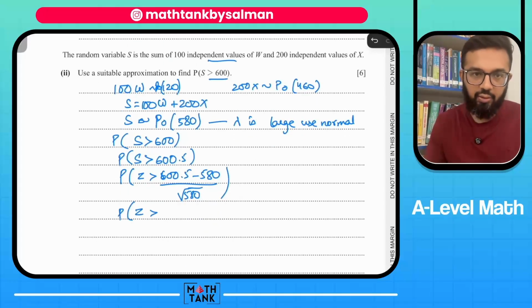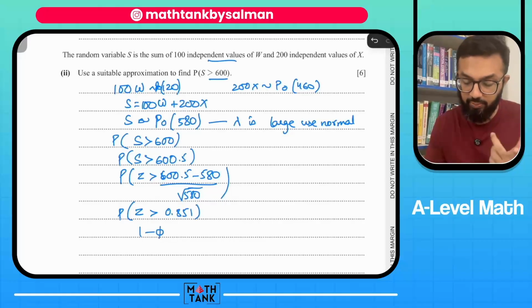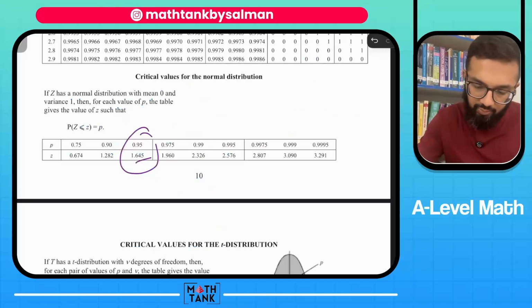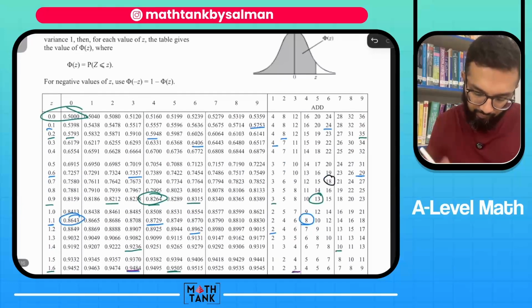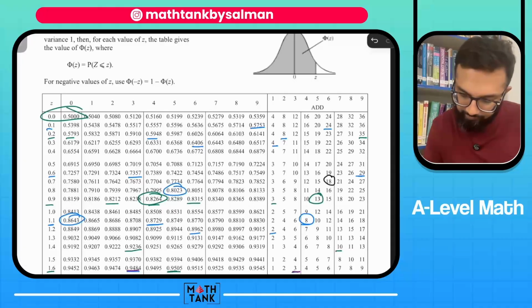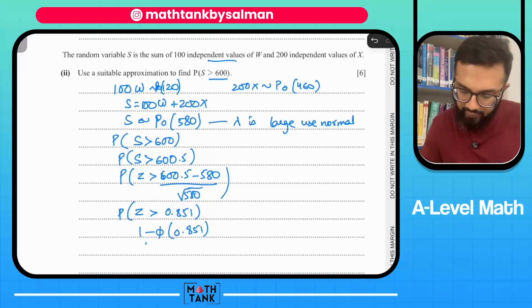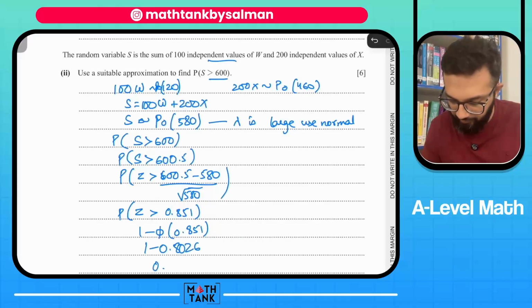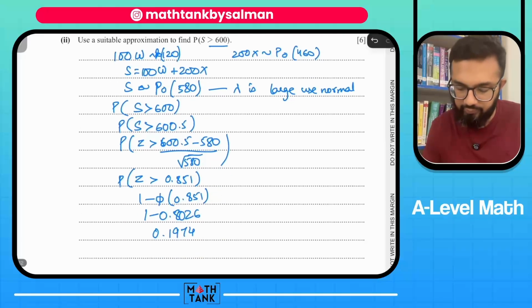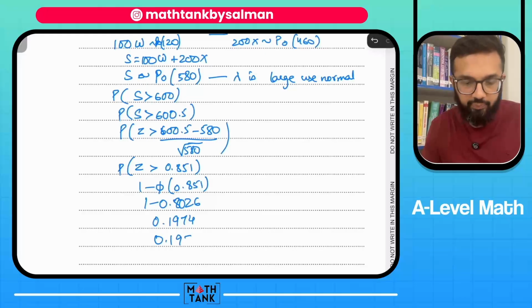Probability of Z greater than 0.851. Okay, three decimal places because Z is to 3 decimal places. 0.851 from my table, 0.8026. 1 minus that is 0.1974. So 0.197 to 3 significant figures.